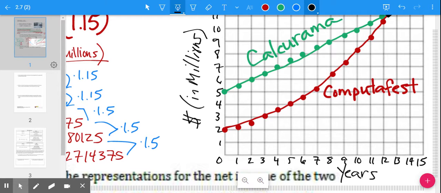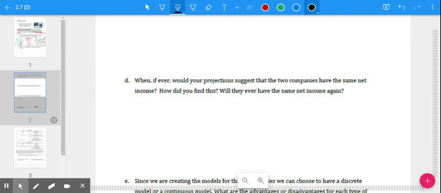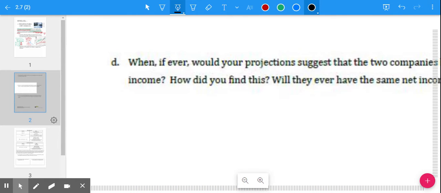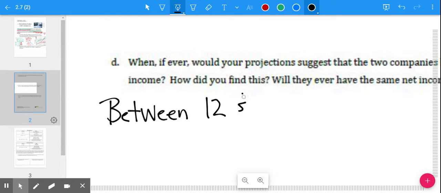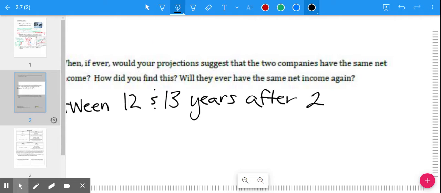You always go down to your x-axis, and it's between 12 and 13 years. So when you go to the back and we go back down to that question, it would be between 12 and 13 years after 2010. The lines intersect.